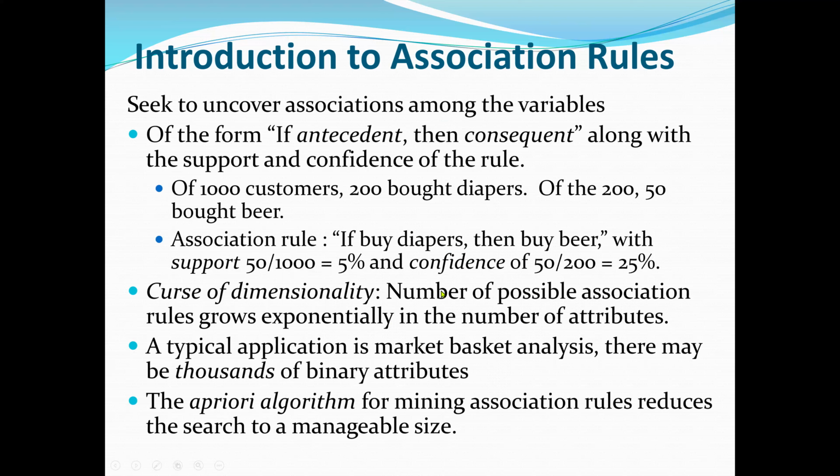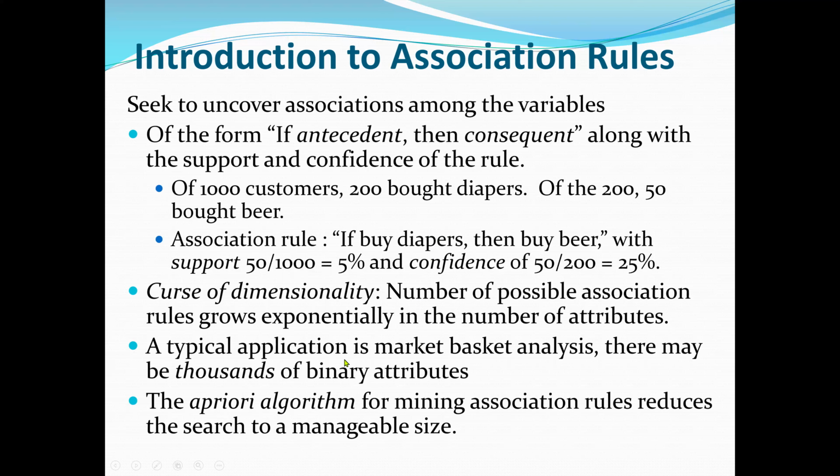If the two items are diapers and beer, and our attribute is a binary attribute, that means the outcome can be 2. This means we are going to have 2 to the power k. Now, if we have 1,000 items, then 2 to the power 1,000, which will be over a billion.